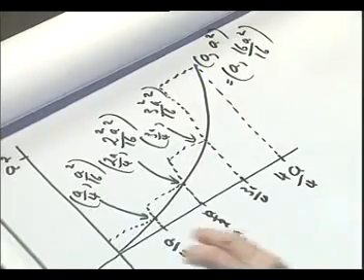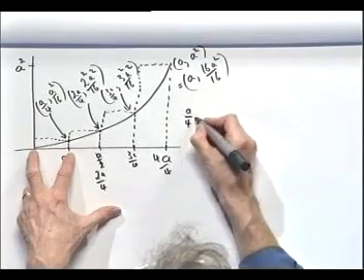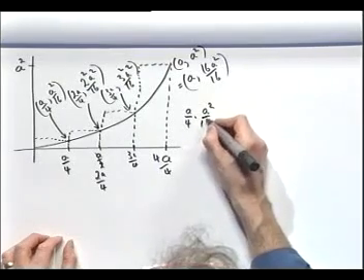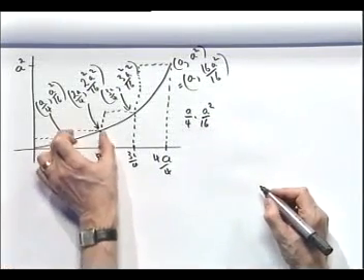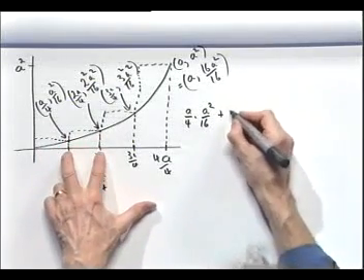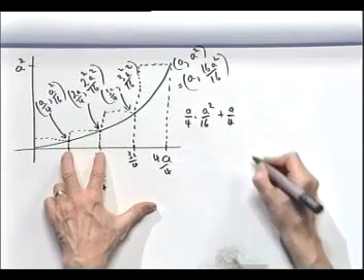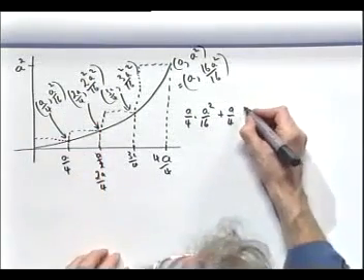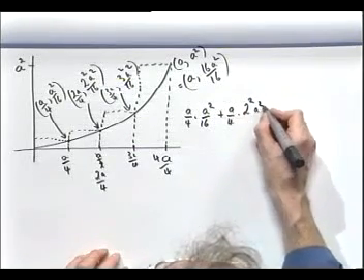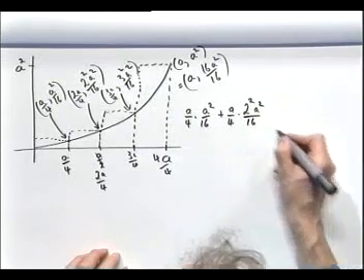Okay, let's write down the area of each of these rectangles. The width is a over 4. So we'll have a over 4 times its height, which is a squared over 16, plus the area of this rectangle. Its width is again a over 4, because they're all of the same width, times its height, which this time is 2 squared a squared over 16.